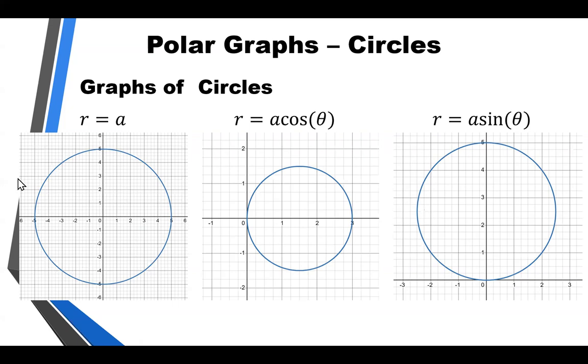There's more than 3, but we can see 3 ways to do it. r is equal to some number, like r equals 5, would give you a circle of radius 5 centered at the origin or the pole. r is equal to a times cosine theta will give you a circle laid out along the x-axis. r is equal to a sine theta gives me a circle laid out along the y-axis.